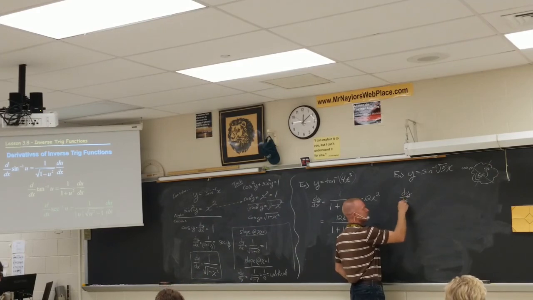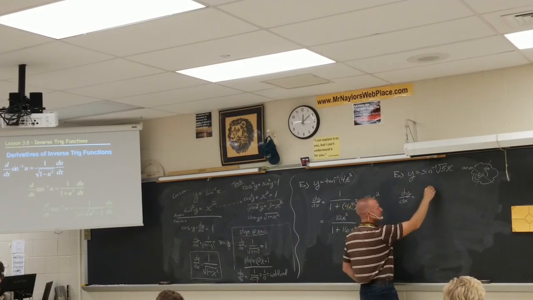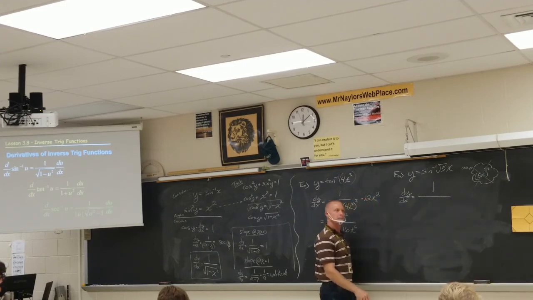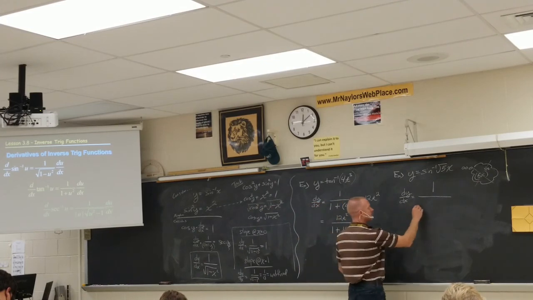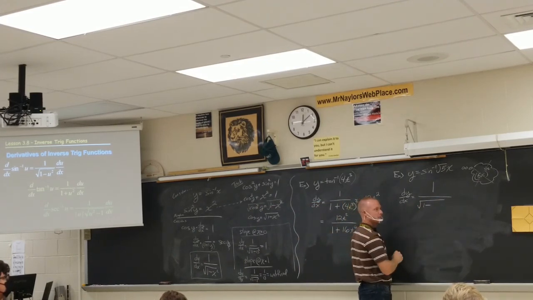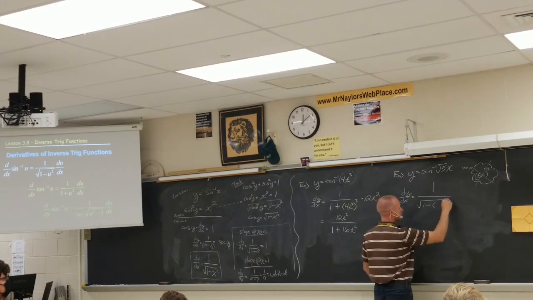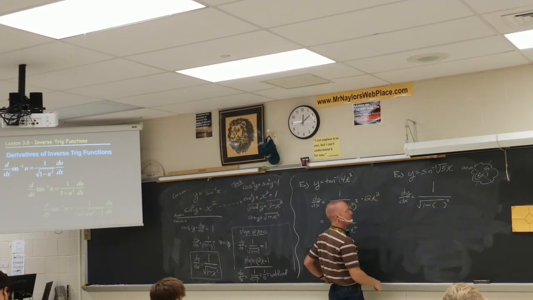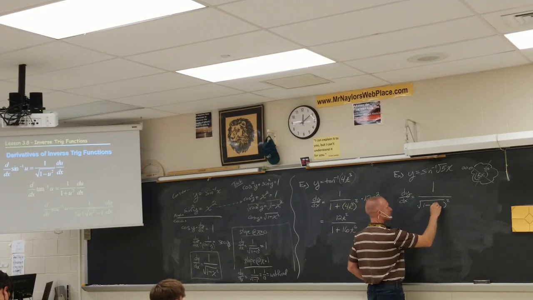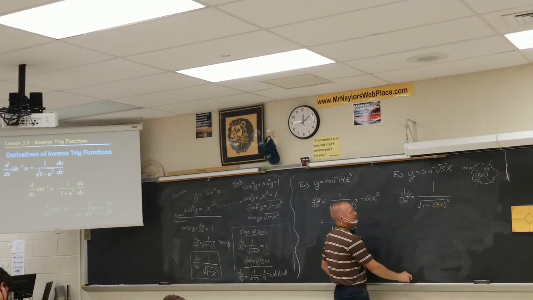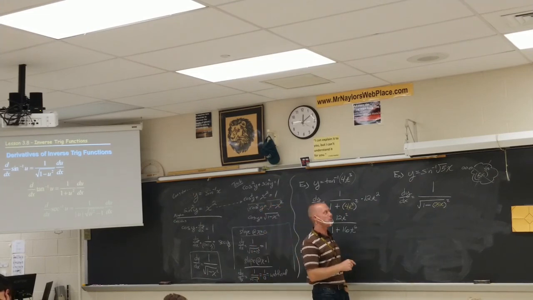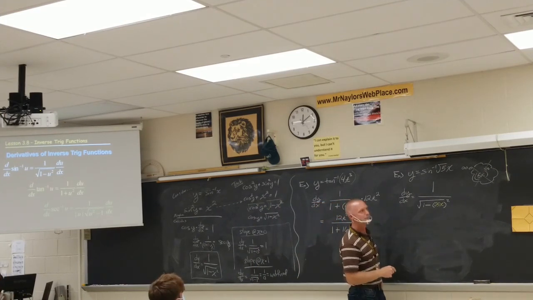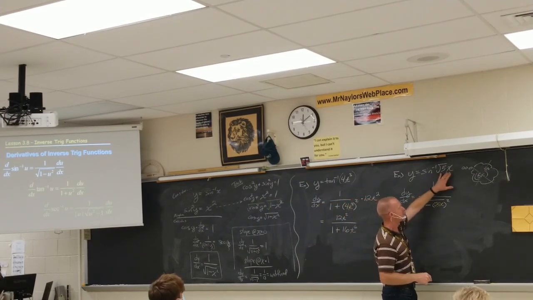So let's plug it into the rule. 1 over the square root of 1 minus u squared, times the derivative of the inside. Now, when it comes time to do the derivative of the inside, it's just the square root of 5 times x to the first power.